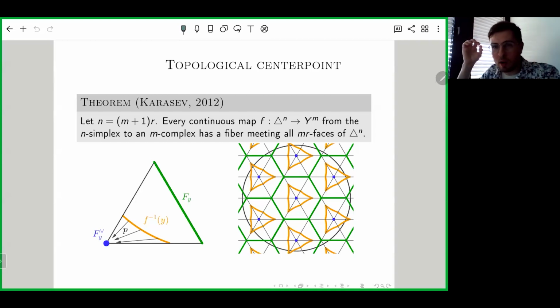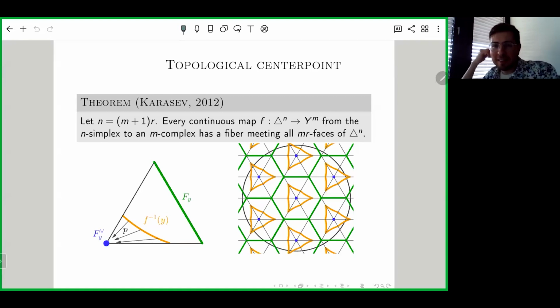An orange curve is an example of a fiber. Since it doesn't meet one of the sides, it can be naturally projected to the opposite vertex. And then what you do is that you put the simplex in R^n in a nice position so that you can reflect it and tessellate the whole R^n with the reflected copies of this simplex. And you draw this type of kaleidoscopic picture on the right.